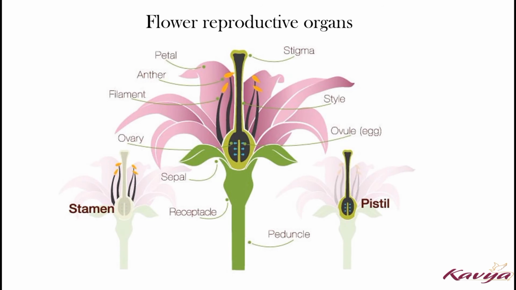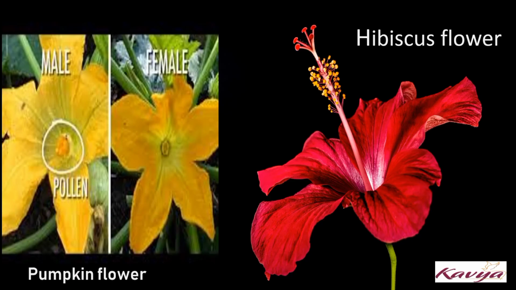Here we see both the male and female reproductive parts in the flower, the stamen and the carpel or pistil. So students, we have learned the reproductive parts.